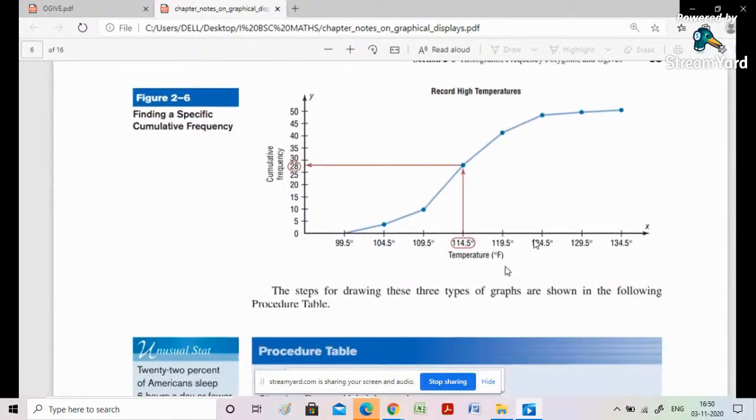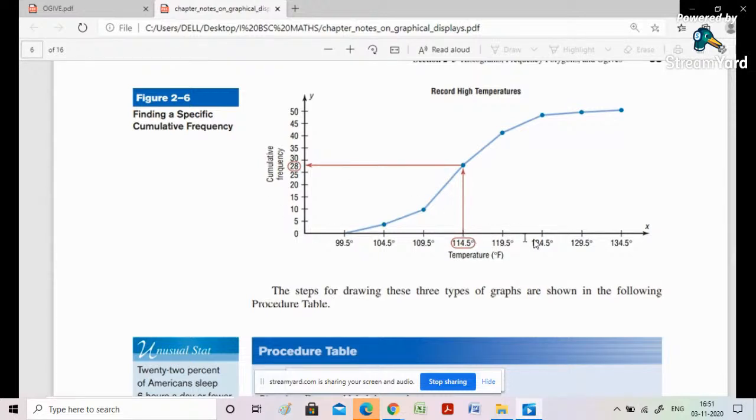You can see that. Suppose a researcher asks what is the distribution of temperature less than or equal to 114.5. We can easily observe that it is 28.